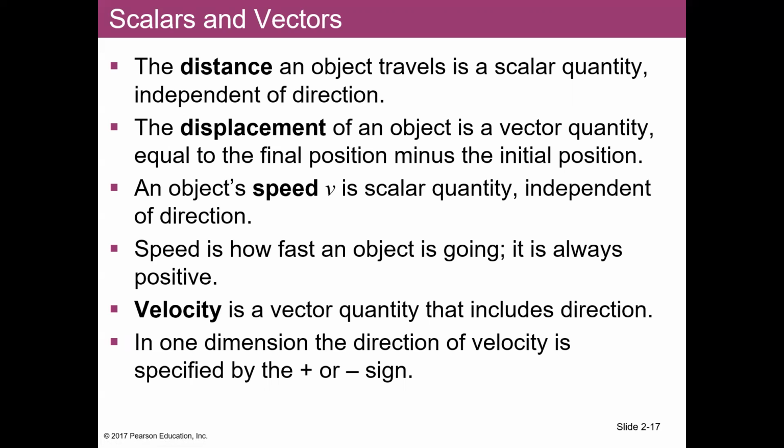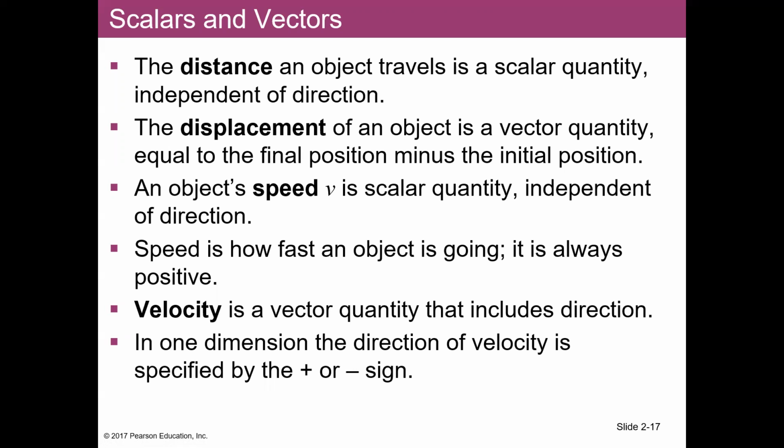What about vectors? Vectors include scalars, but they also have a direction associated with them. So the amount of the vector is a scalar quantity, but they also have additional information about their direction. If you're driving 40 miles an hour, that's a scalar. If you're driving 40 miles an hour east, that's a vector.